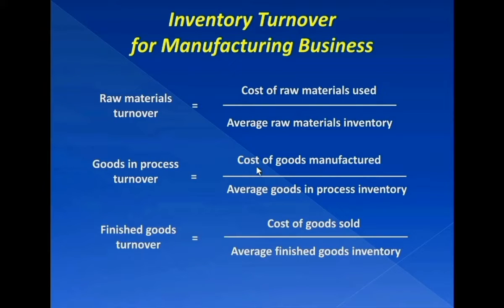Therefore, the numerator, cost of goods manufactured. Once the goods are finished, they are then sold. Hence, the cost of goods sold as the numerator for this type of ratio, finished goods turnover.